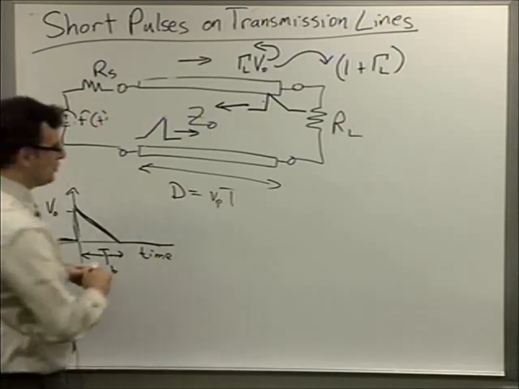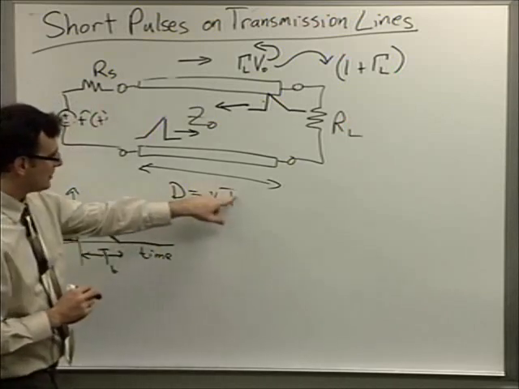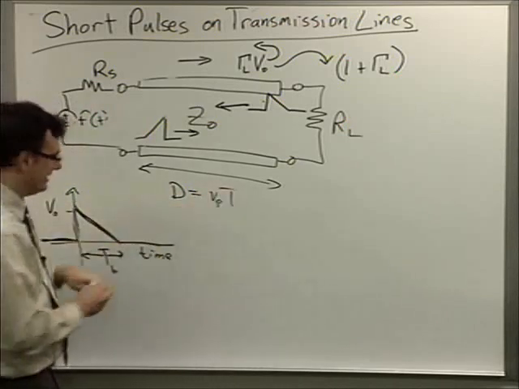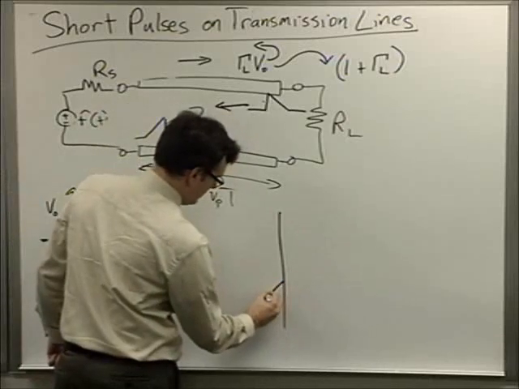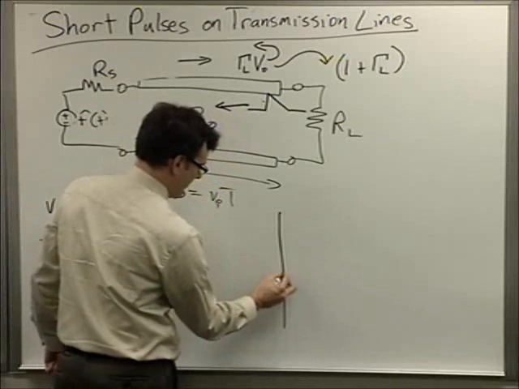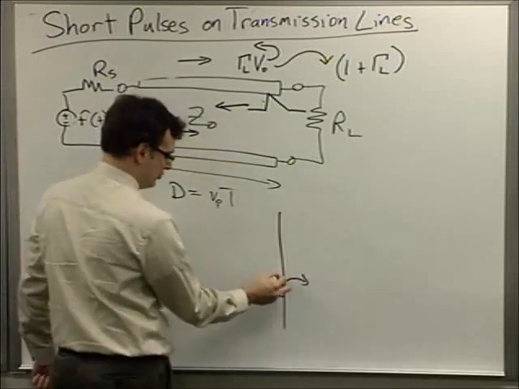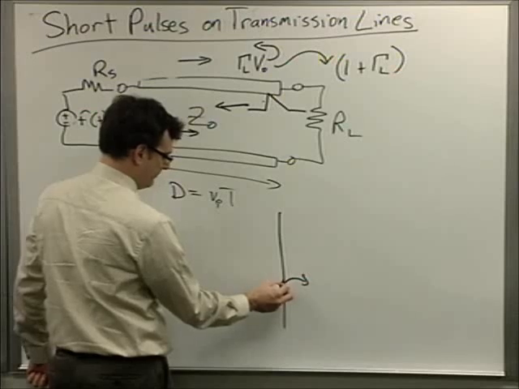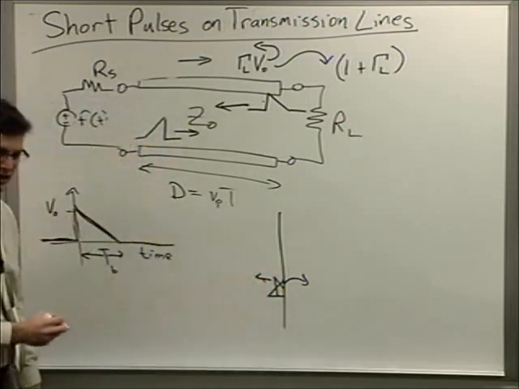So what happens when you're looking at time equal to capital T plus a little bit, right? So that at the end of the line, you've got this waveform kind of transmitting here, and then a reflected waveform starting to travel back down the line, right?